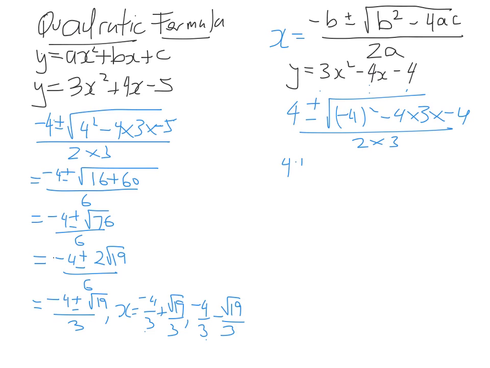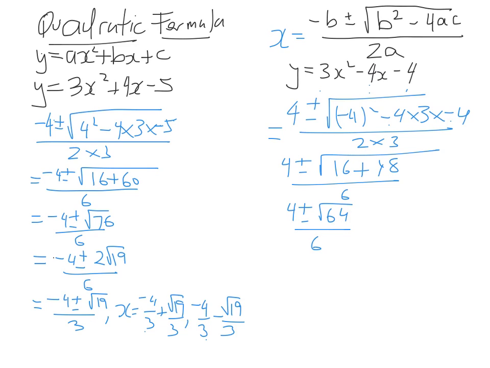So we've got 4 plus or minus the square root of 16. Negative times a negative makes a positive. 4 times 3 makes 12, times 4 makes 48, over 6. So we've got 4 plus or minus the square root of 64 over 6.